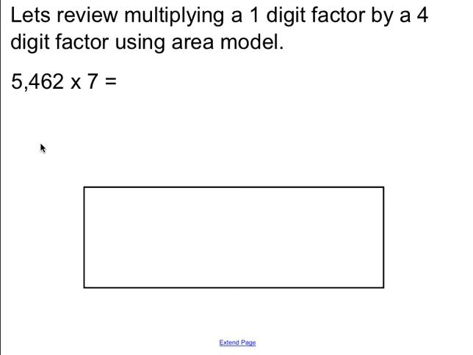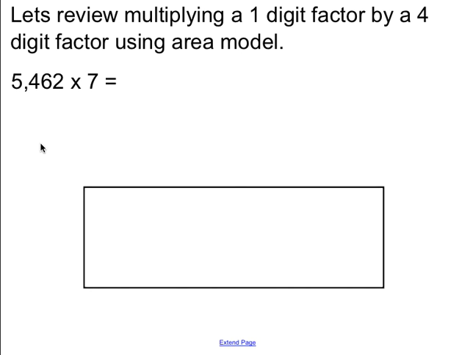So I say I have 5,462 times 7. And the first thing that we want to do when we start area model is to put the larger factor, which is the 4-digit number, in expanded form. Okay? 7 is already in expanded form, so that gets to stay the same.